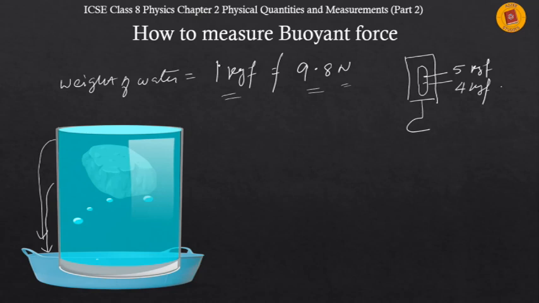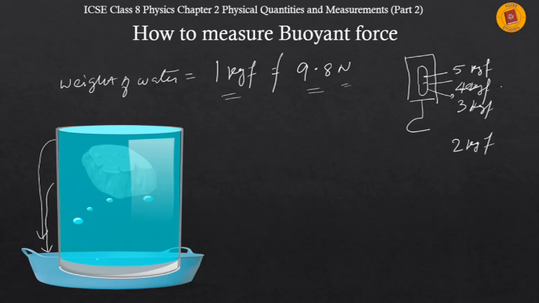Or in reverse, if instead of 4 kg the reading is 3 kg force, then the reduction in weight is 2 kg force.